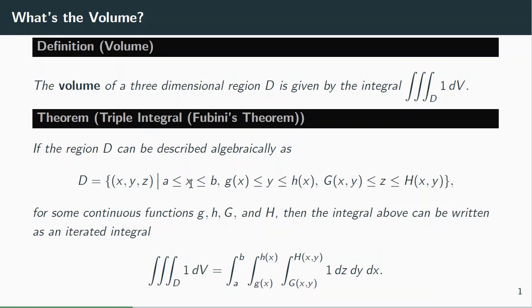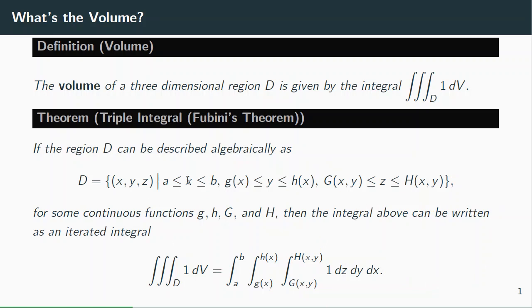For a given x, the y's go between g and h. And for a given x and y, the z's go between capital G and capital H. So capital G and H are the top and the bottom of this volume. Little g and little h are the left and right sides, and a and b are the x's where it starts and where it stops.